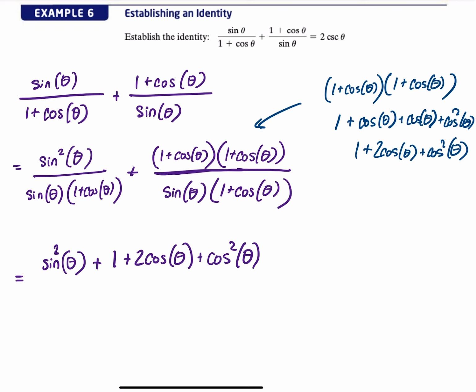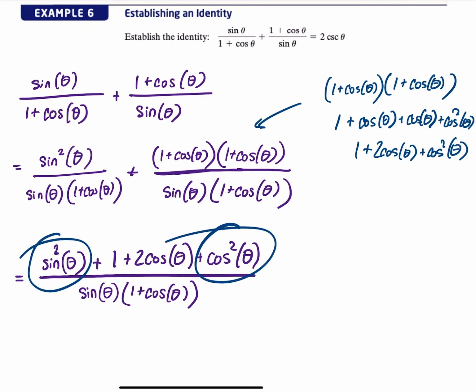And this is all over our common denominator, sine times 1 plus cosine. So let's keep looking for identities we can apply and what we can reduce. Notice in the numerator we have sine squared plus cosine squared.